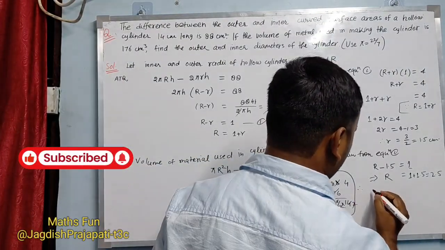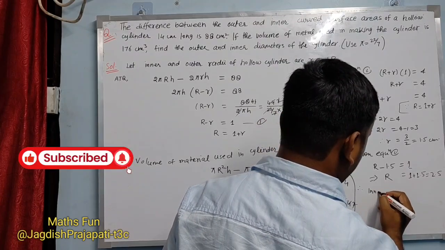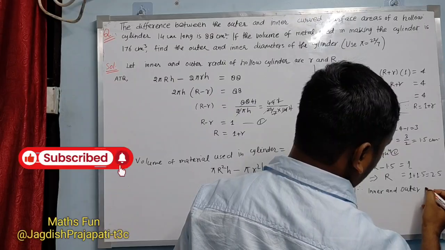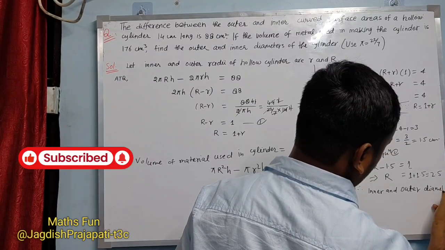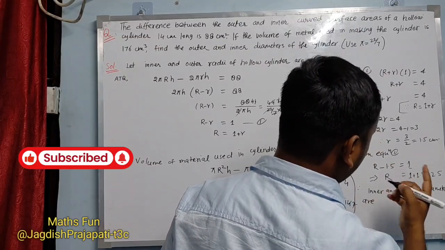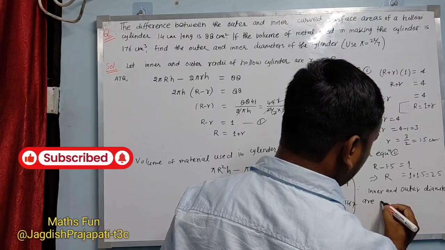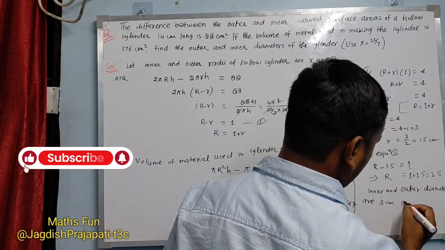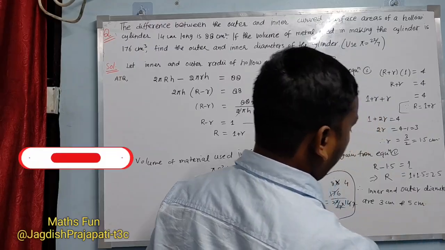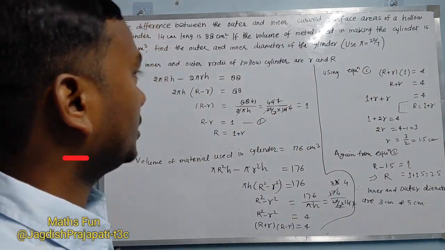So the inner diameter is 3 centimeter and the outer diameter is 5 centimeter. So this will be our answer for this problem.